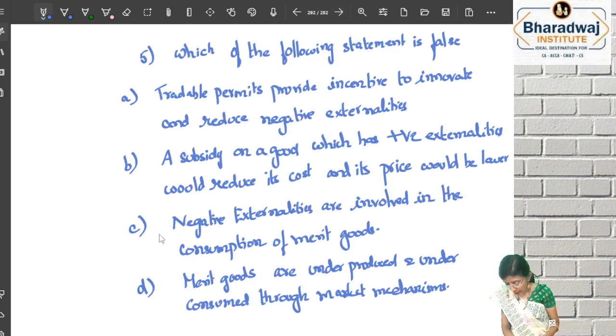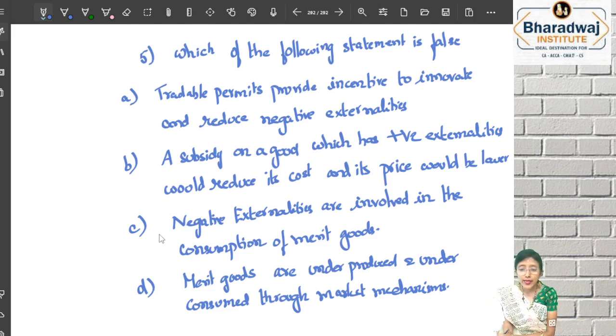The fifth question, did you understand? Option D. Merit goods are underproduced and underconsumed through the market mechanism.